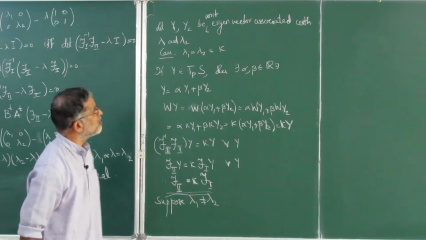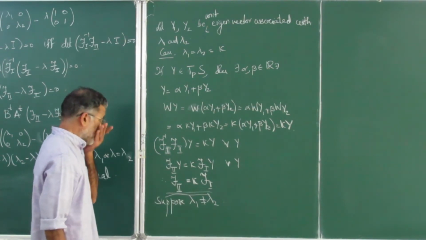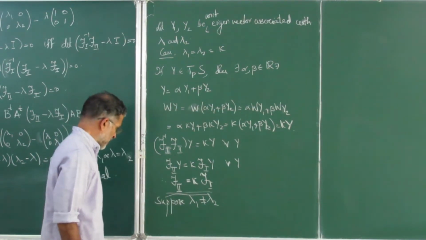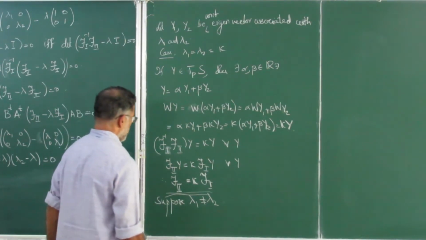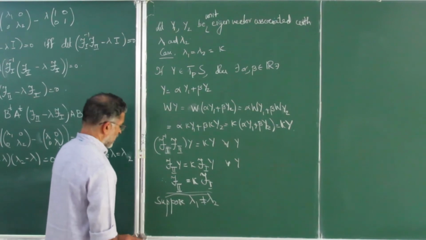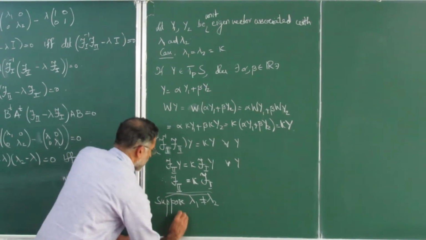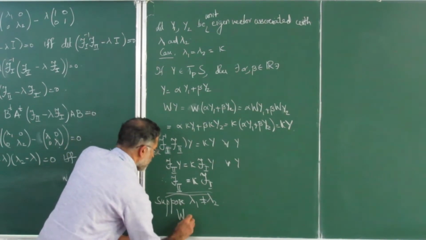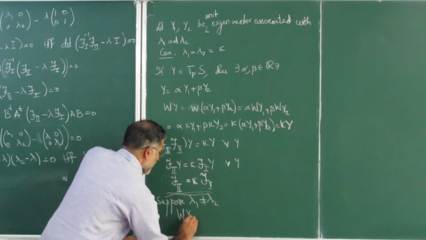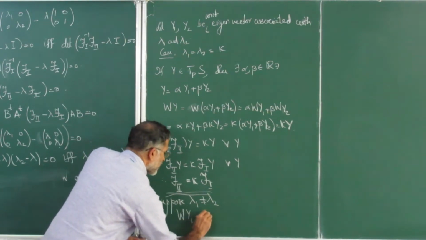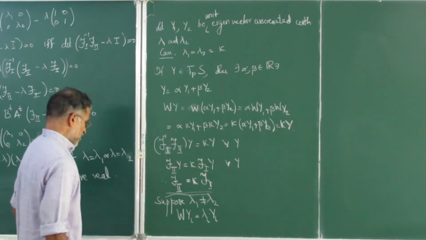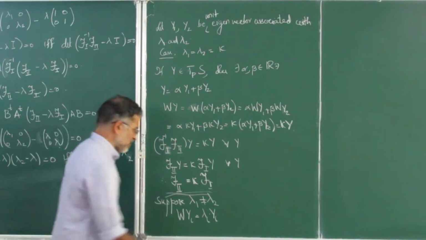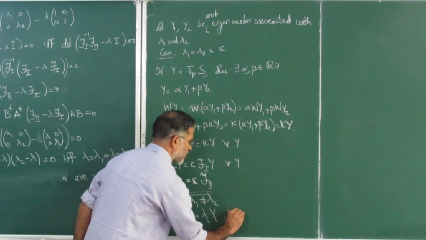You can always assume that. We don't need that here. So, as we have seen, what does this mean? W yi is equal to lambda i yi. This is what we know. Wy1 is lambda 1 y1, Wy2 is lambda 2 y2.